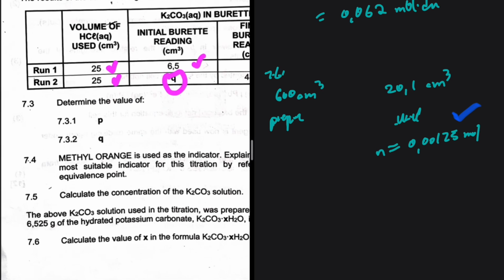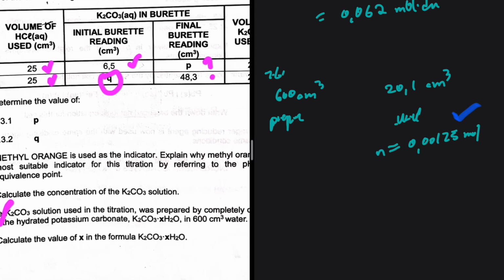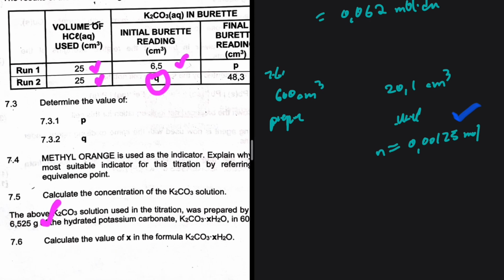But we know that this mass was dissolved in 600 centimeter cube. So what is the number of moles present in 600 centimeter cube? That's the question I'm asking myself. How am I going to find that?